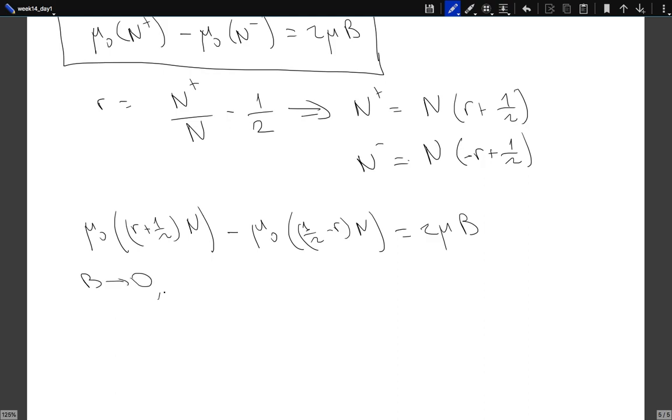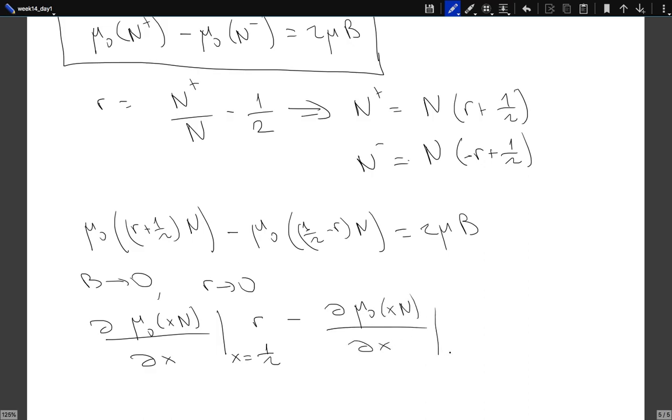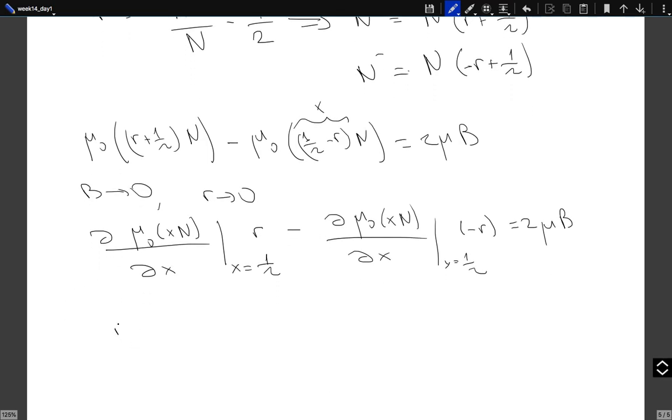So if B goes to 0, R also goes to 0. That's why I will be making a Taylor expansion in R. So that will tell me that the derivative of mu 0 of xN with respect to x evaluated at x equal to 1/2, times R, minus the same derivative times minus R, should be equal to 2 mu B. Or I know what R is.